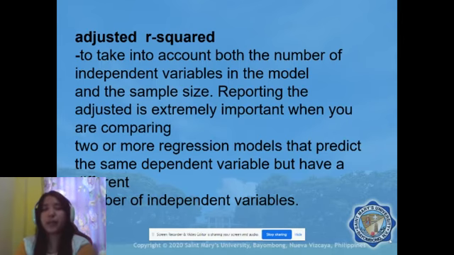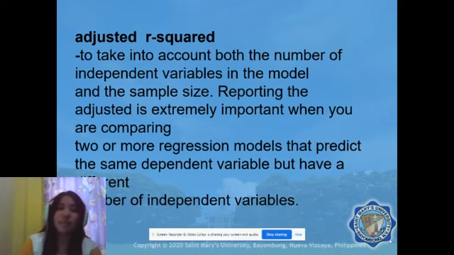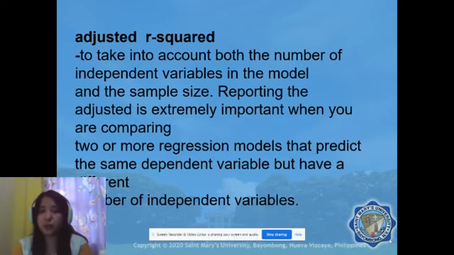However, we have to consider that when we are using multiple linear regression, adjusted R squared is also generated, to take into account both the number of independent variables in the model and the sample size. So reporting the adjusted R squared is extremely important when we are comparing two or more regression models that predict the same dependent variable but have a different number of independent variables.